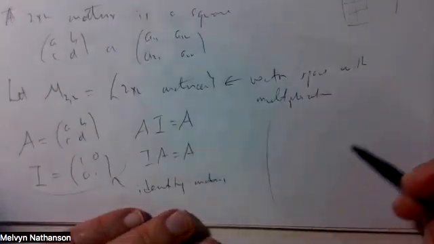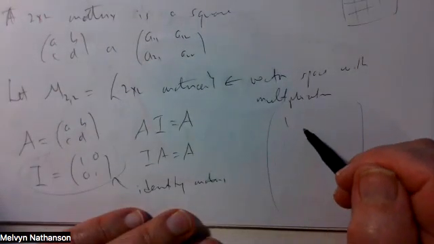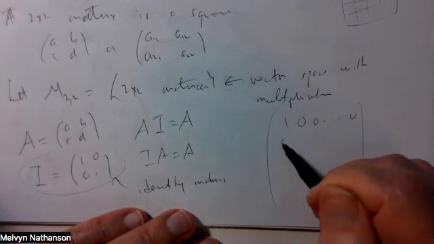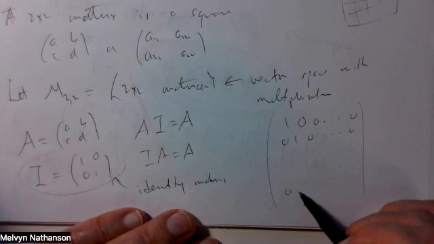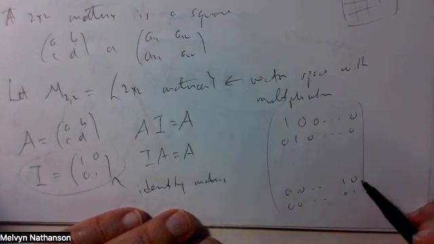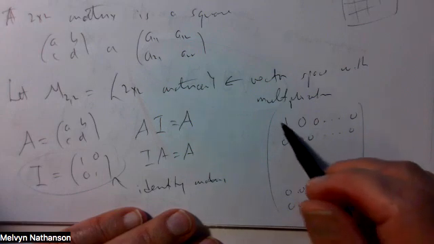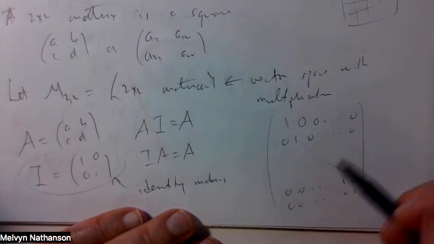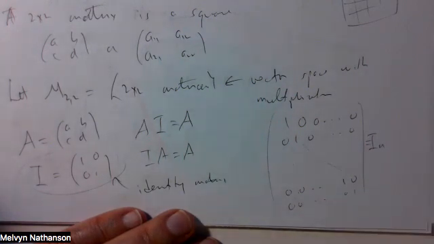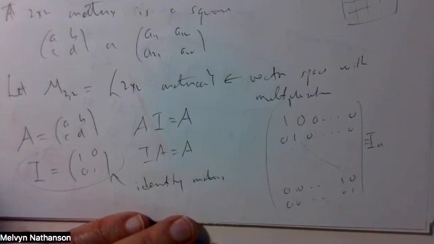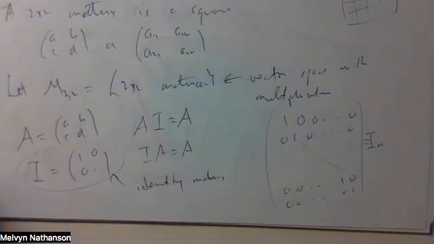In general, if you have an n by n matrix, if the matrix has 1s down this main diagonal and 0s everywhere else, it's called the n by n, or the n-dimensional identity matrix. This is always sort of the multiplicative unit for matrix multiplication.